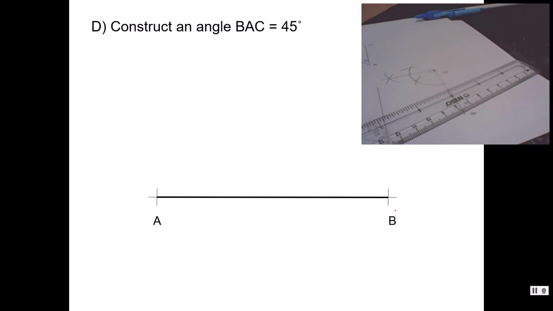Now we want to construct an angle of 45 degree. So we have the AB line. Similar step like the 90 degree first. You got the first point, so this is the 90 degree.